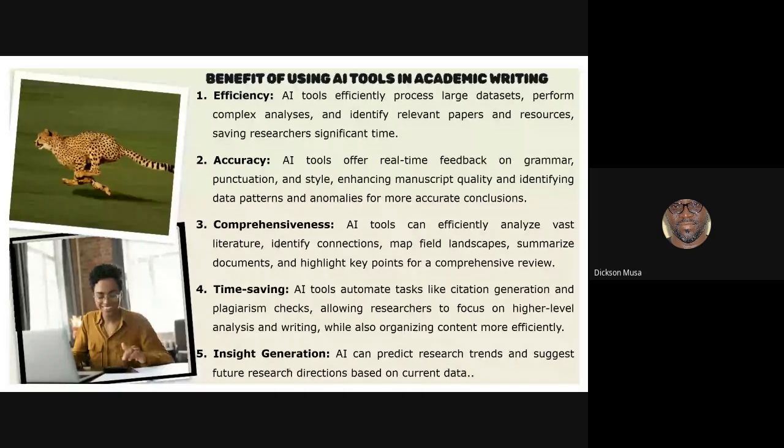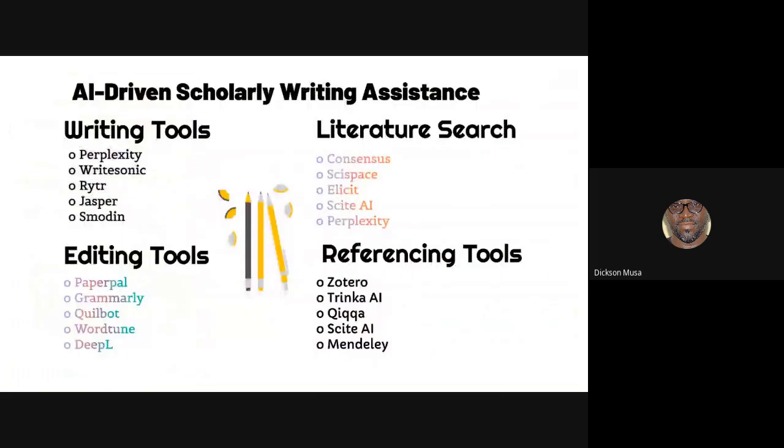So that gives us insight into our work. So these are benefits of using AI tools in academic writing. Now, these are some AI tools that we can use in academic writing.